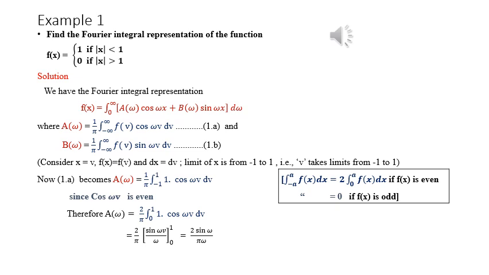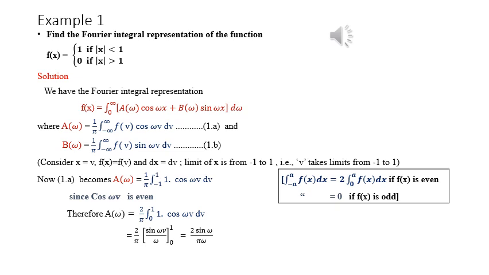Now here what we are going to do is this: the function given will be in x or in any other variable. Whatever it is, we need to convert that function into v, because our a of omega and b of omega are given in terms of v.